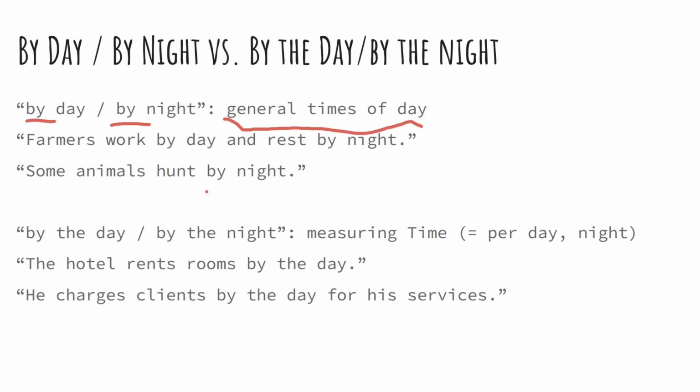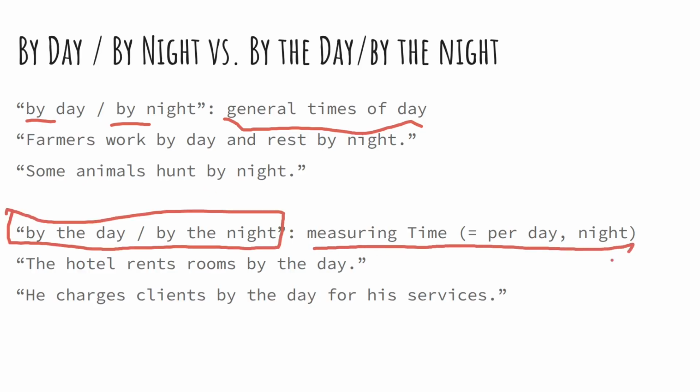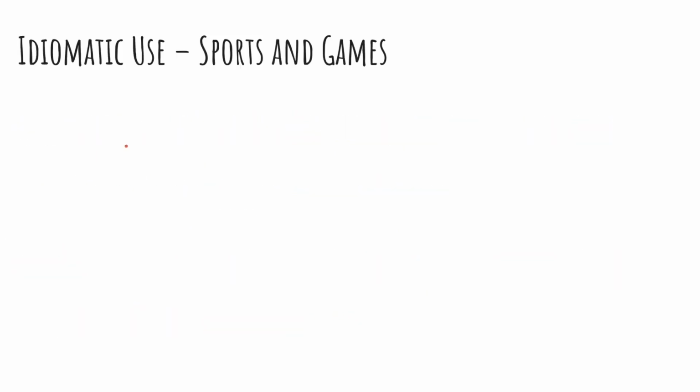No article is needed. Measuring time, with the. The hotel rents rooms by the day. He charges clients by the day for his services. In these cases, by the day means per day, and we use the to signal unit-based time measurement. 5. Sports and games.